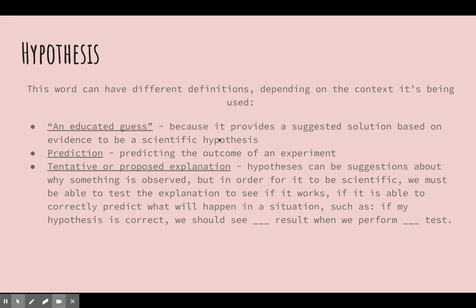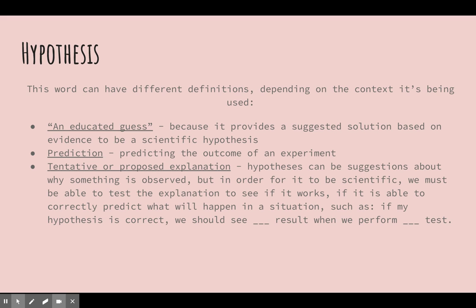Because the difference between a prediction and this proposed explanation is, as a prediction, you're saying, I believe that flowers that are put in the sunlight will grow taller than those that were in the dark.